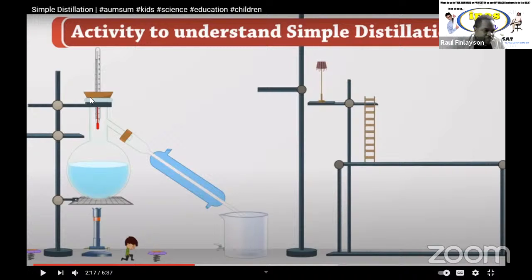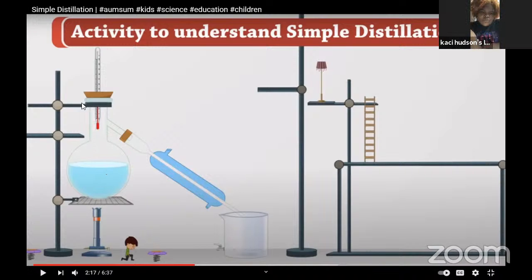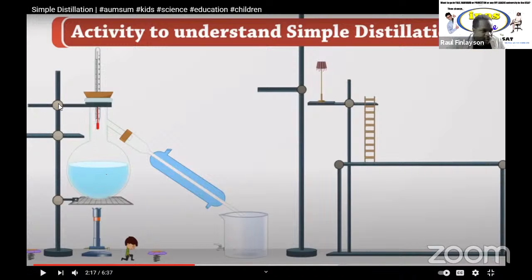At the top of it, of course, you see a clamp holding that up. The clamp is where the pointer is on now. But there's something at the top here. What color does this look like? A brown looking thing at the top of the flask.